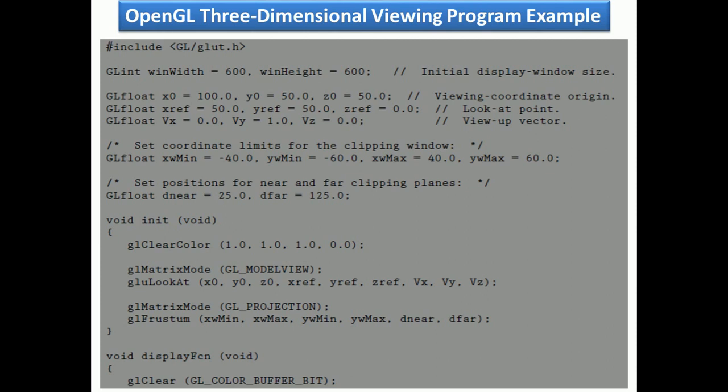Then glMatrixMode again will set the projection mode here, and glFrustum we have studied. Then we have defined the function displayFcn. How it performs is, first glClear will clear the buffer.